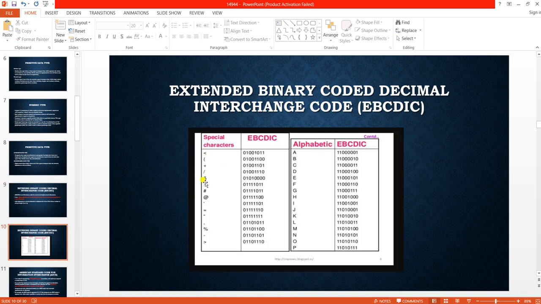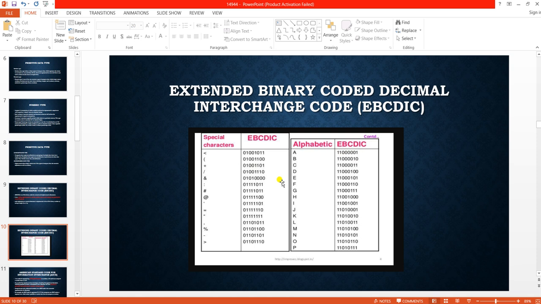If you check your keyboard, all these characters represent a certain binary. The character @ and the character hashtag don't have the same binary number, and uppercase A and uppercase B also do not have the same binary code. So this is your extended binary code.